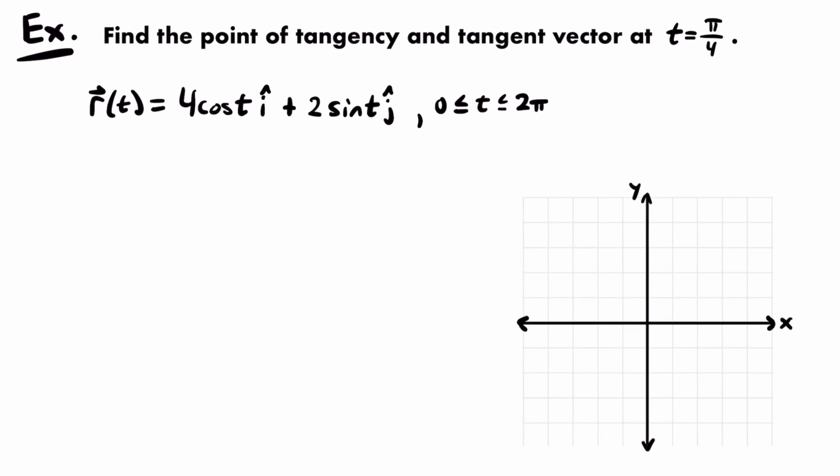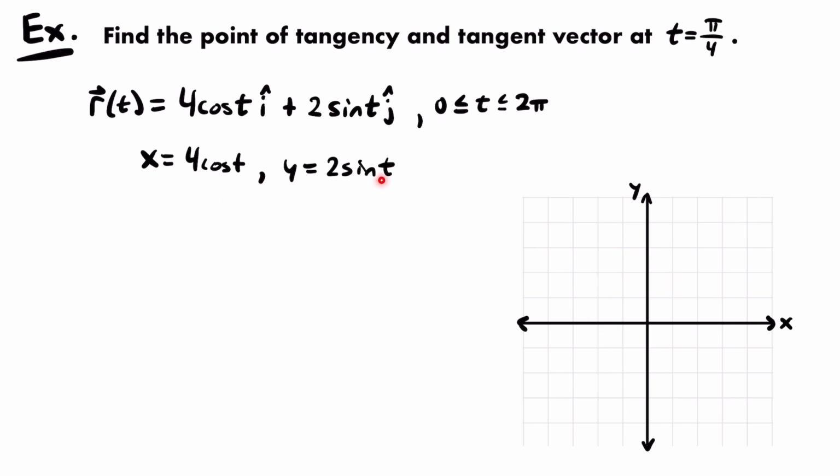For our vector function, the x component is 4 times cosine t, and the y component is 2 times sine t. So we have x equals 4 cosine t, y equals 2 sine t. All right, and so we have to eliminate the parameter here to get an equation that we can graph or sketch in the xy plane.